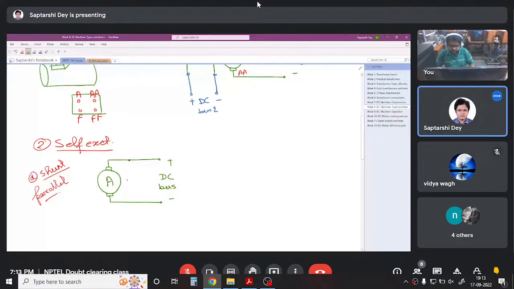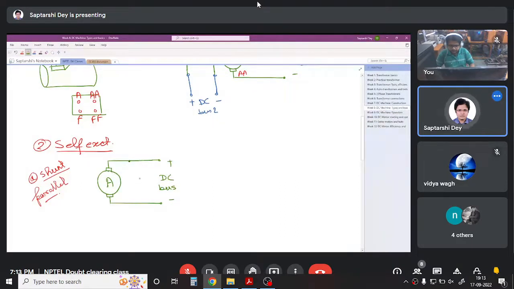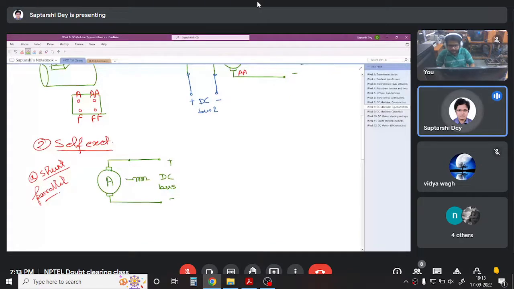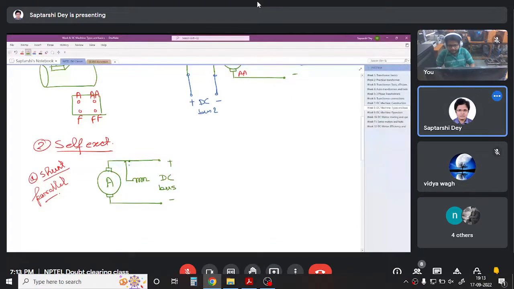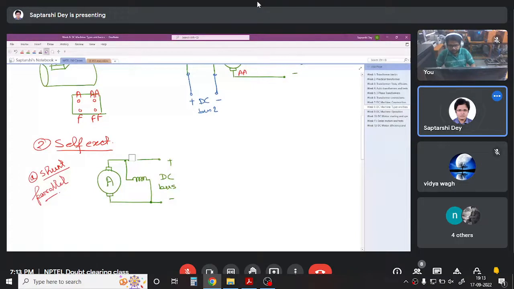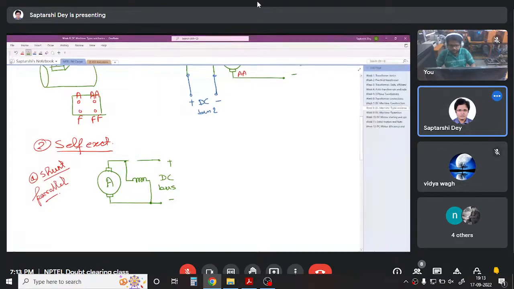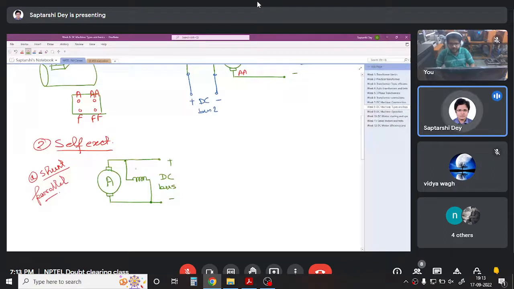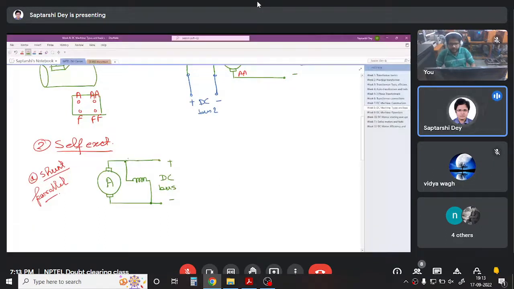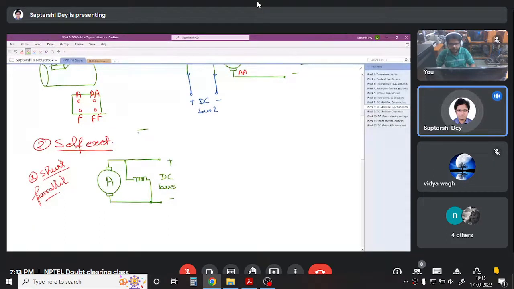we have the field winding in parallel with the armature in this fashion. So in a shunt machine, in the terminal box, you may not get 4 separate terminals. You can get only these 2 terminals.